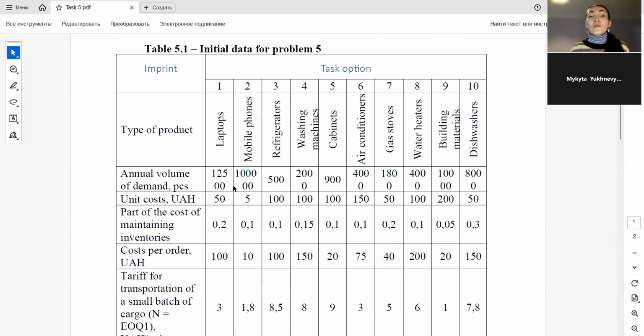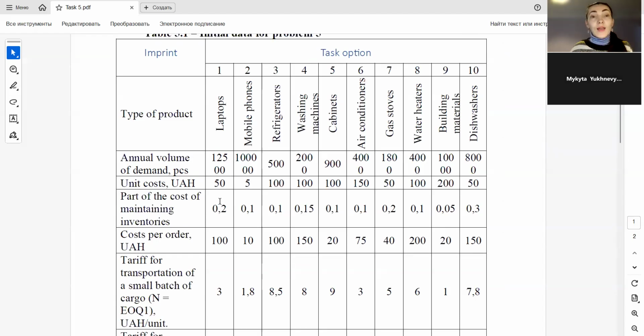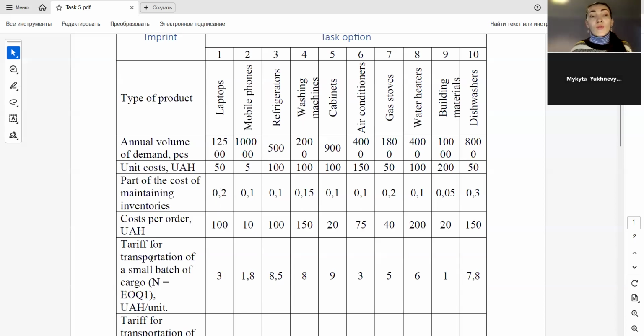If you have, for example, the first variant, it is laptops type of products, and we have annual value of demand 12,500 multiplied by the tariff. The tariff for transportation of a small batch of cargo. It is for EOQ1, we use 3 hryvnias per 1 unit.